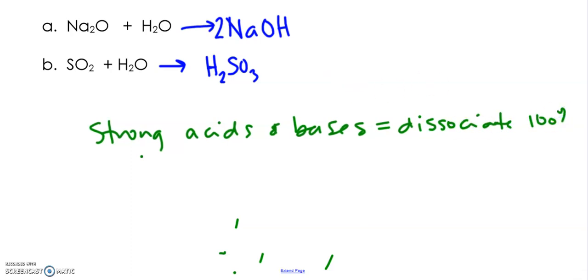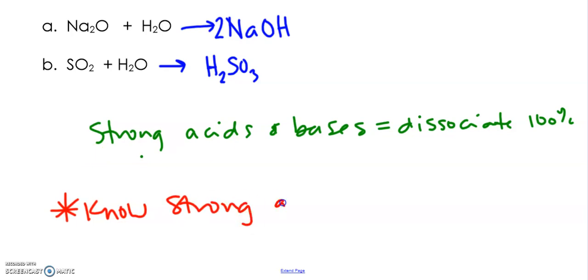So remember, they'll dissociate completely. So we need to make sure we still know these. So make sure, if you need to go back and look them over, that you know the strong acids and the strong bases.